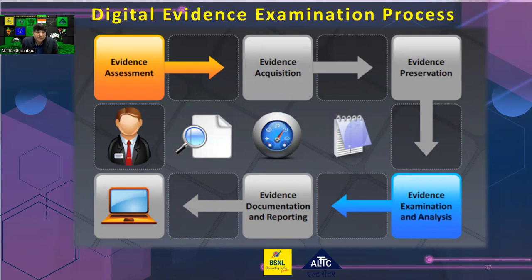First we go for evidence assessment, which we will explain in the upcoming part with some basic idea. Assessment, acquisition, then preservation, and examination and analysis. Your collection is okay or not. If your collection is okay, then evidence documentation, and finally it is produced for the purpose of reporting.